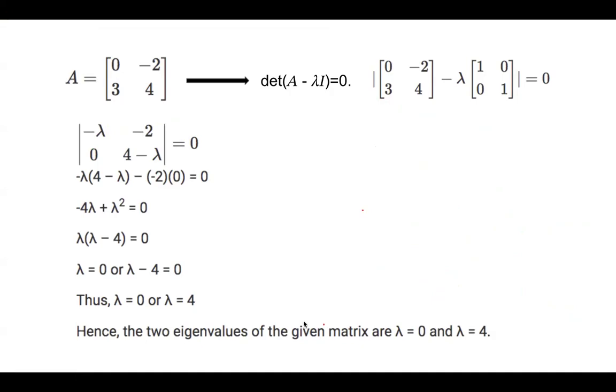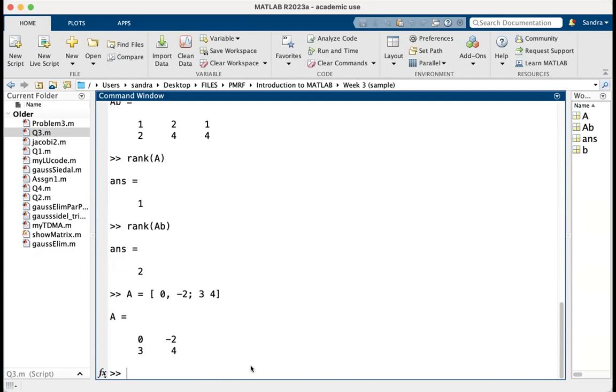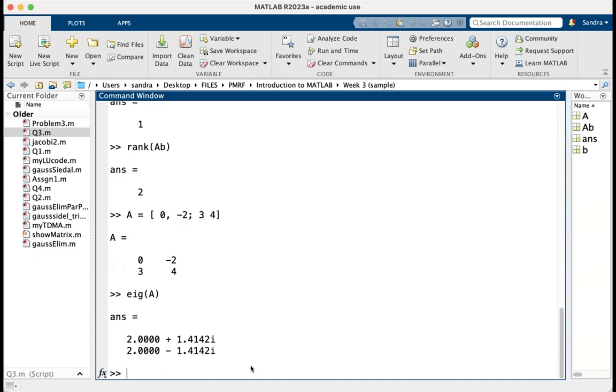Let A be equal to 0, comma, -2, and then semicolon 3, comma, 4. Was this your matrix? Okay. Now to find the eigenvalues, there is an inbuilt MATLAB command called EIG. EIG A. So this has the eigenvalues. This is like a complex number. So this is how we find the eigenvalues.